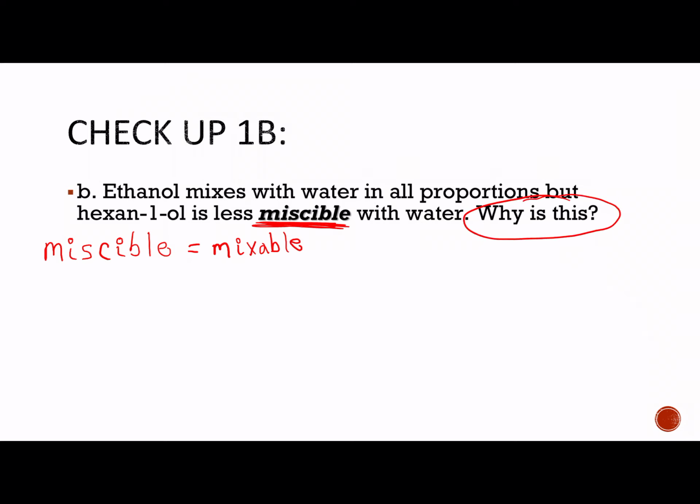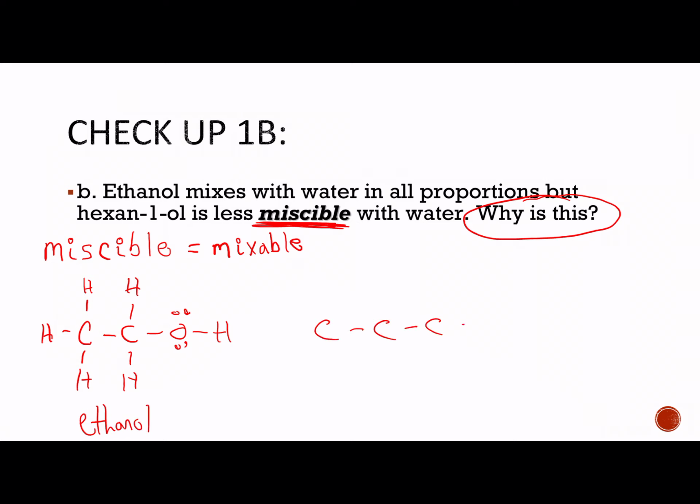And so when we're answering any of these types of questions, we want to look at the structure of the molecule. And so ethanol is this, ethanol, and hexane 1-ol, 2, 3, 4, 5, 6, is this.